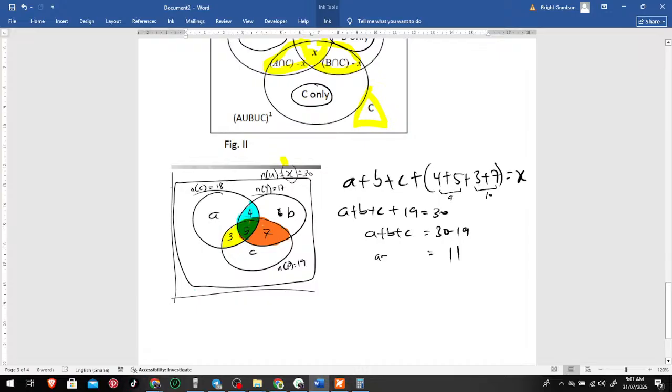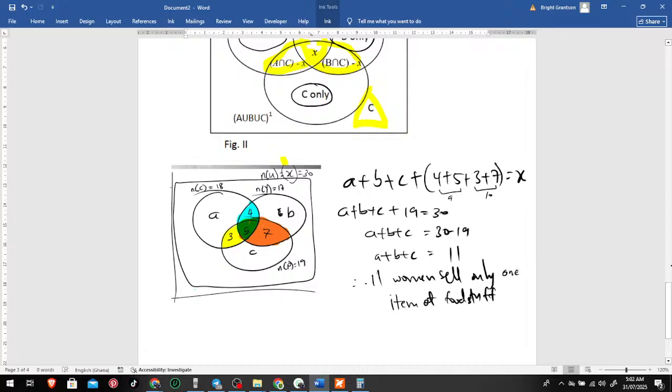So A plus B plus C is 11. Therefore, 11 women sell only one item of food. Food stuff. Are we okay? Yes, sir. Very good.